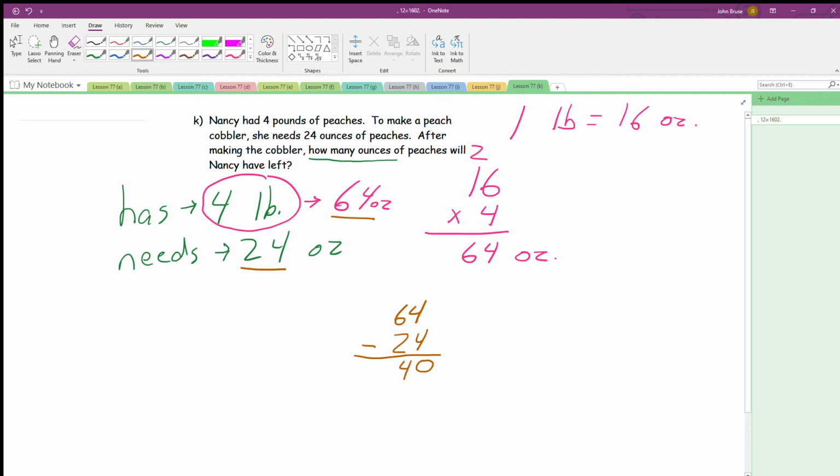So she has 40 ounces left. So this is how many ounces of peaches Nancy will have left. We need to make sure we answer that. So we're going to write 40 oz left. We'll make sure we circle our answer. If we really wanted to be fancy, we could write 40 ounces of peaches left. That's a better answer. All right, and that's it for lesson 77.